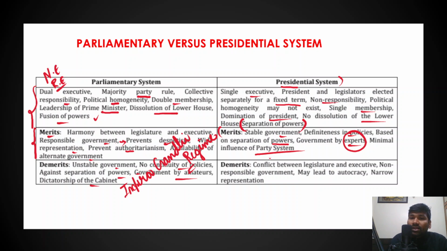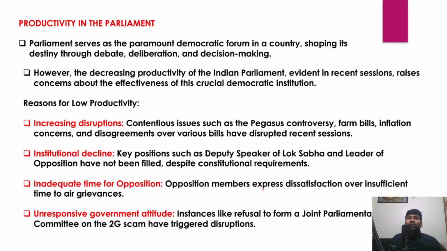However, the demerits of the presidential form of government are that there is very often a conflict between the legislature and executive, and a non-responsive government because the executive is not responsible to the legislature, and it may lead to autocracy and even narrow representation as well.